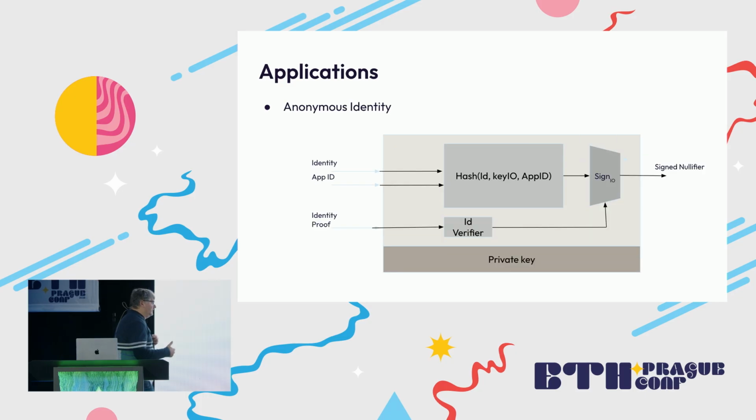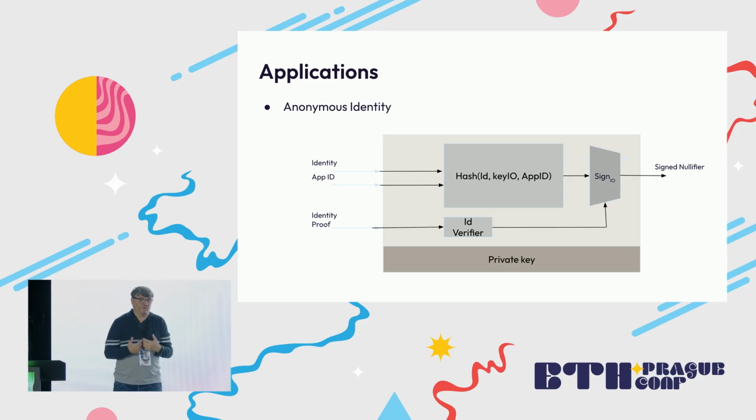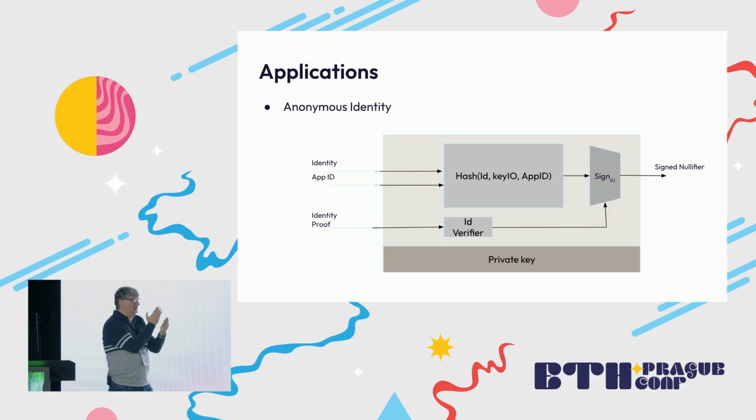Anonymous identity. This is a super interesting application. Right now, for example, if you want to use your passport to vote, to generate a nullifier, well, with some passports you can, but in general you cannot, because signatures are not deterministic there. So you cannot have an identity that's usable only for one unique application.